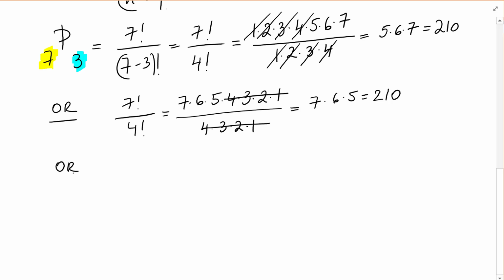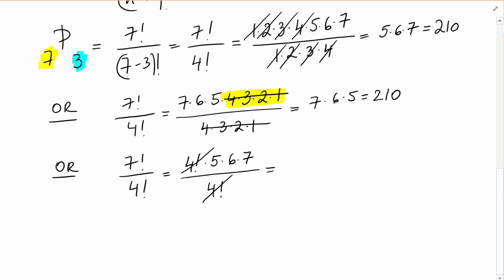But there is another way also. From 7 factorial over 4 factorial, we also notice that 1 times 2 times 3 times 4, this product, is actually 4 factorial. So in order to get 7 factorial, we still have to multiply times 5 times 6 times 7 over 4 factorial. 4 factorial divided by 4 factorial is 1.